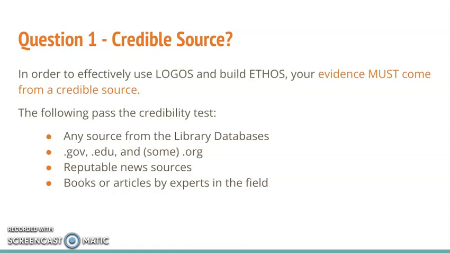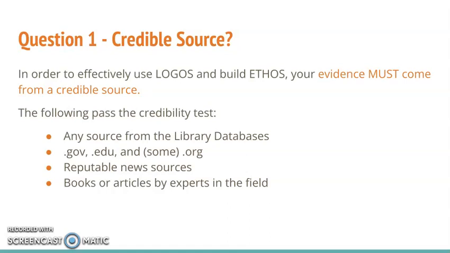So .govs and .edus are also good places to start. They will be fact-checked, solid information for your source. Some .orgs will work, but you have to be a little bit more careful and do some research on what that .org is. We don't use Wikipedia, which is a .org, so you've got to do a little bit of digging to make sure your .org is reliable.